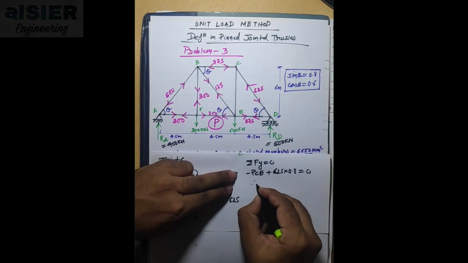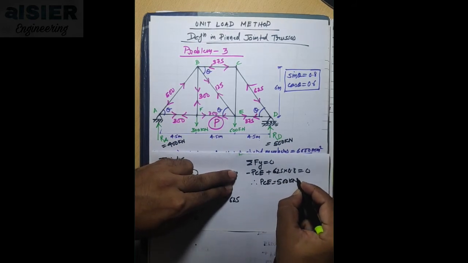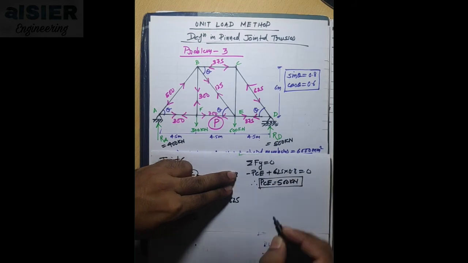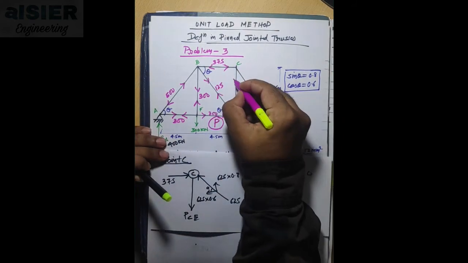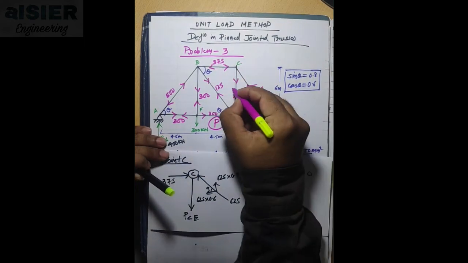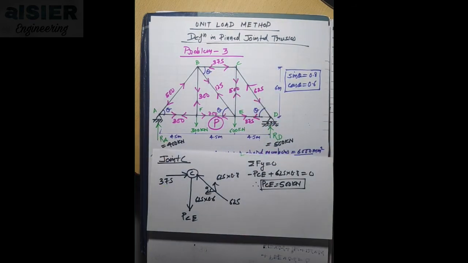Therefore PCE is equal to 500 kilonewton, and the plus sign indicates that our assumption is correct. So we will mark it here, away from joint, and this is 500 kilonewton.